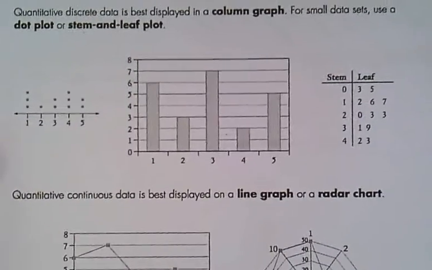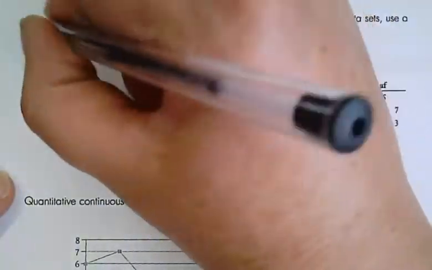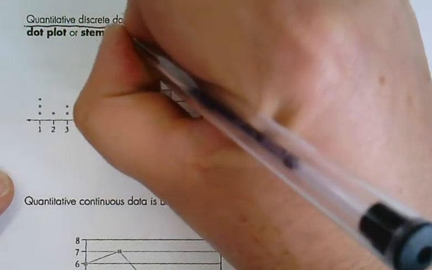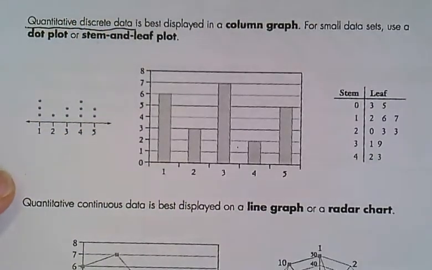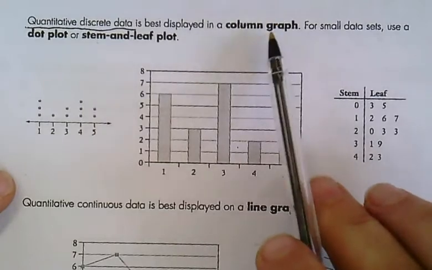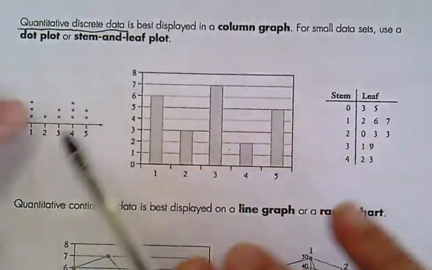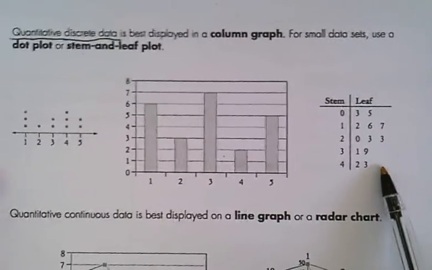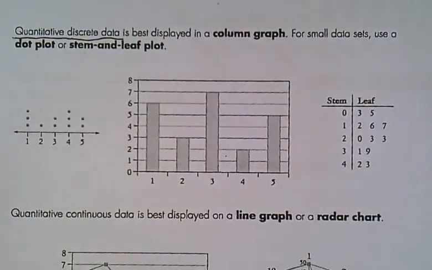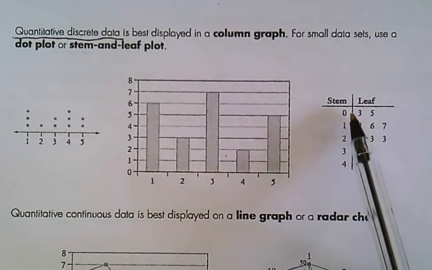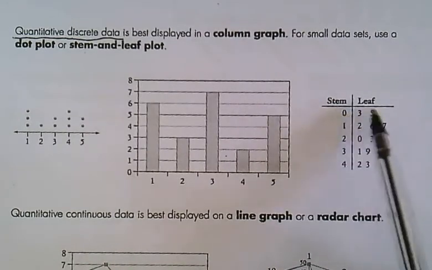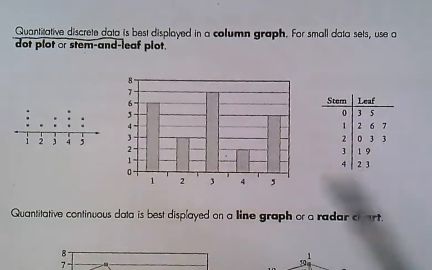However, quantitative discrete data, that's numbers, whole numbers, are best displayed in a column graph, or for small data sets we can use a dot plot or a stem and leaf plot. These are for individual numbers. In this stem and leaf plot we've got the numbers 03, which is 3, 5, 12, 16, 17.